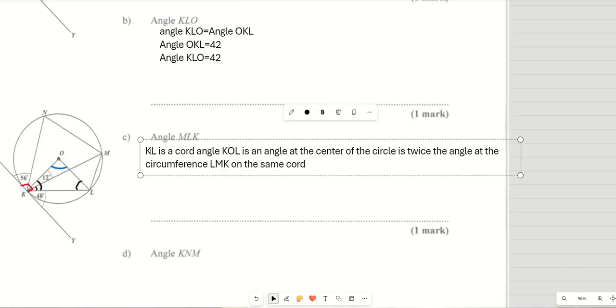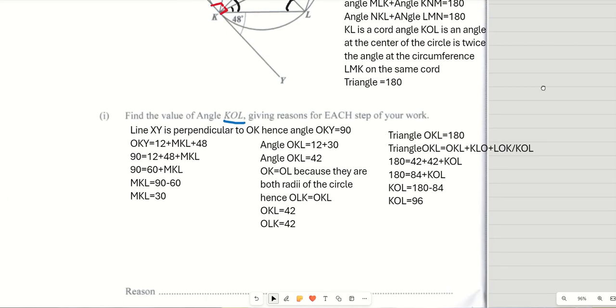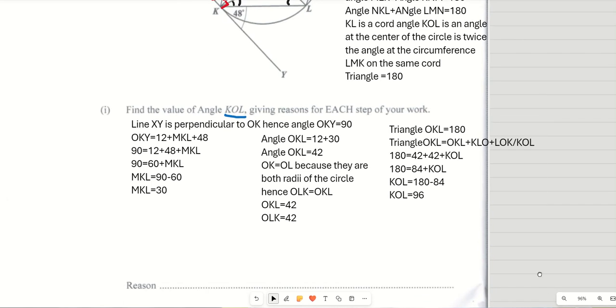Line KL is a chord and angle KOL, an angle at the center of the circle, is twice the angle at the circumference, that is LMK, this angle right here, because they are on the same chord. Do we have angle KOL? Let's go up to make sure. KOL was 96.